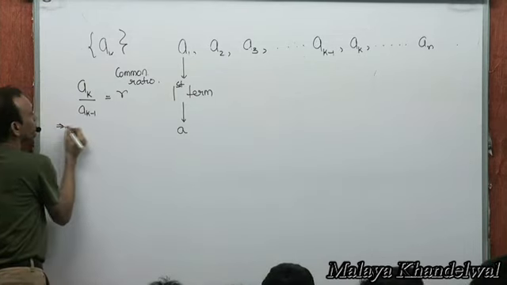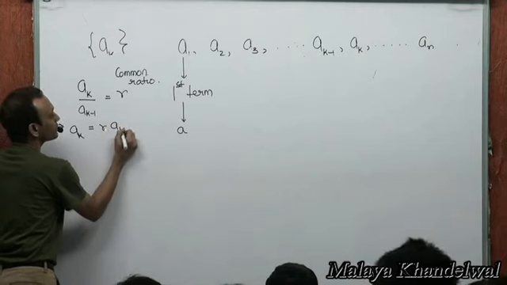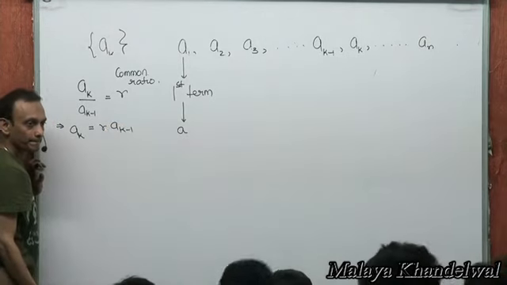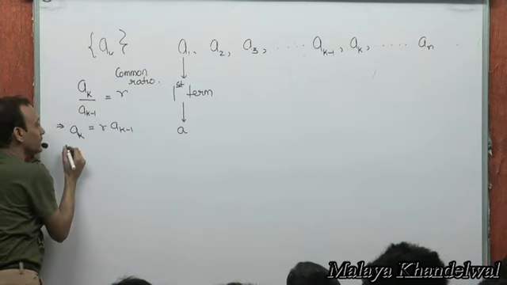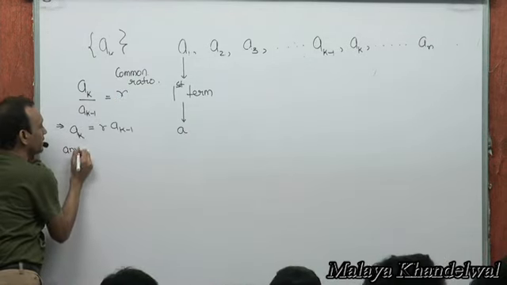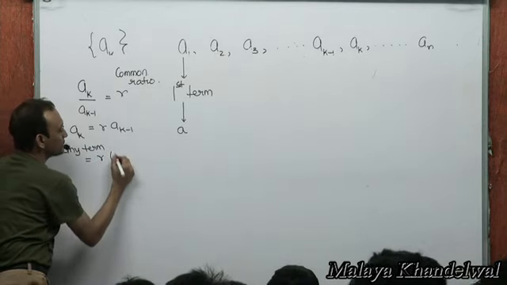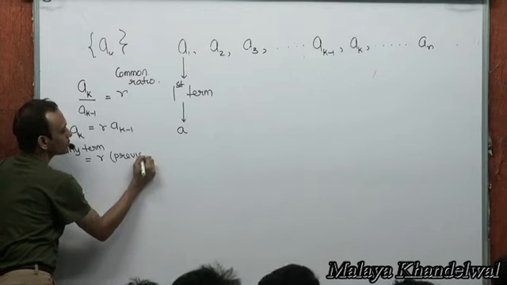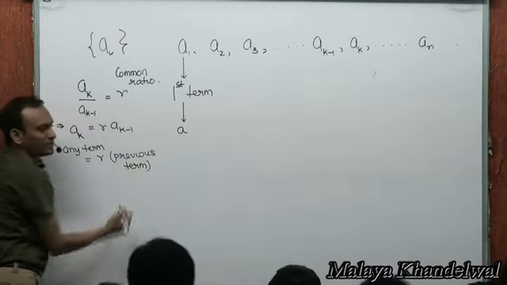In this then, Ak will be R times Ak minus 1. That means any term can be obtained by multiplying the previous term with R. Any term can be obtained by multiplying the previous term with R, yes or no?